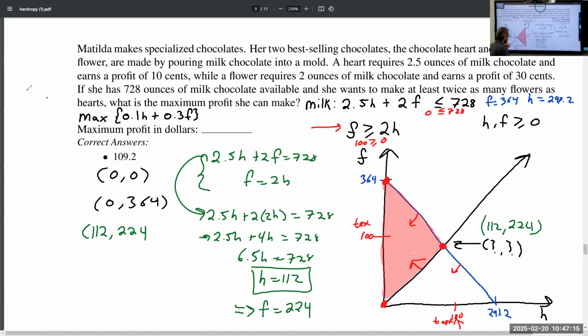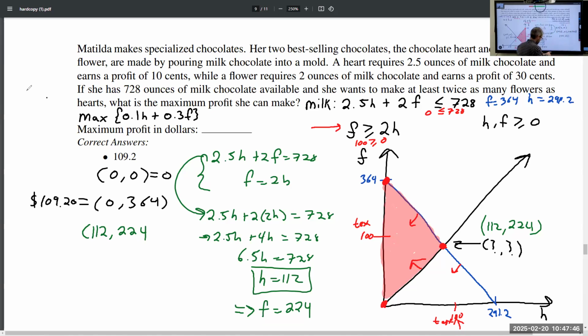And so I don't think it's 0, 0, because that's $0, and that doesn't seem like that's going to be correct to me. 364 times 30 cents, I'm coming up with, I'll have to write it over here, 109.20.